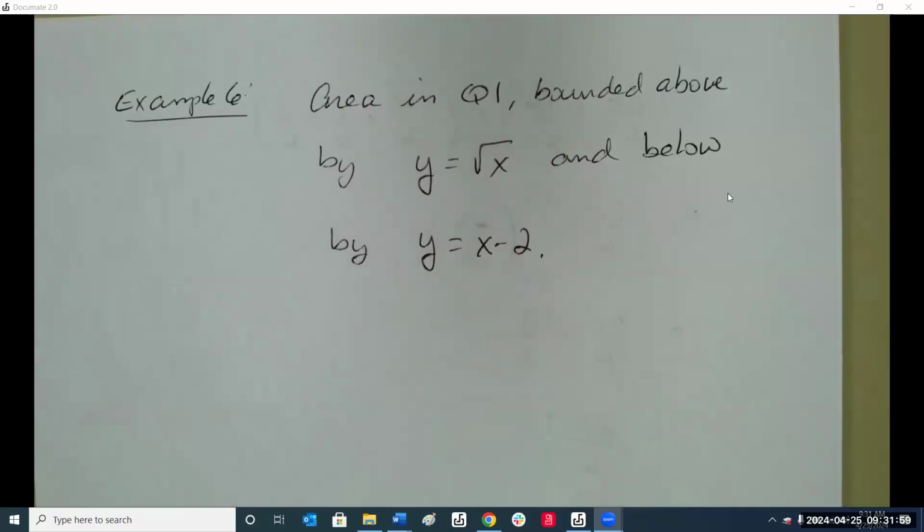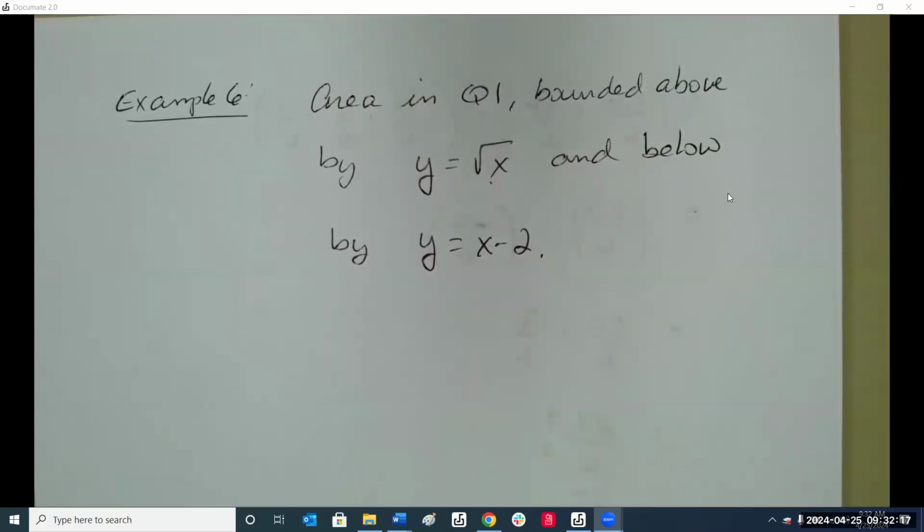Try to work it out yourself. Don't read ahead. This is all that's given to you. Find the area of this graph in the first quadrant, bounded above by this function and below by the other one.